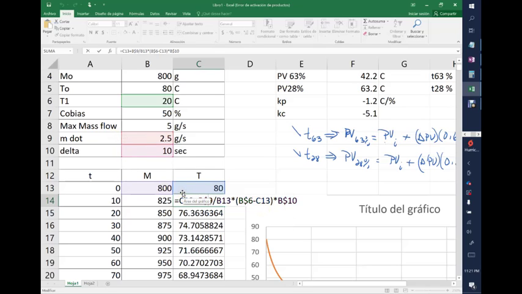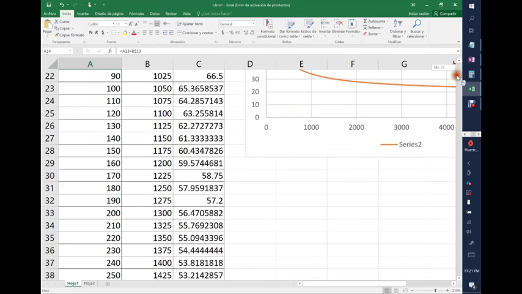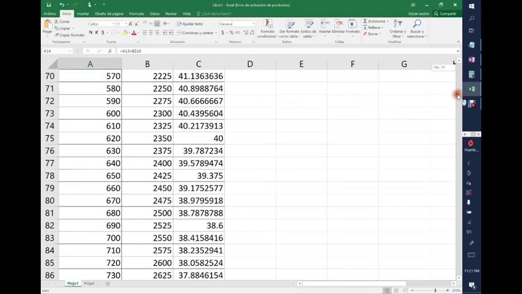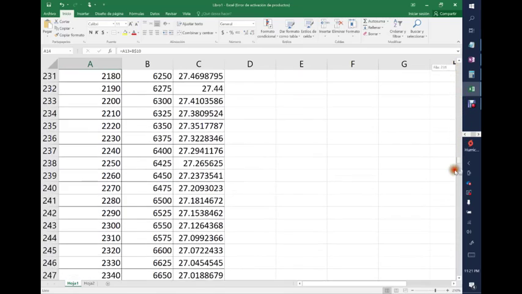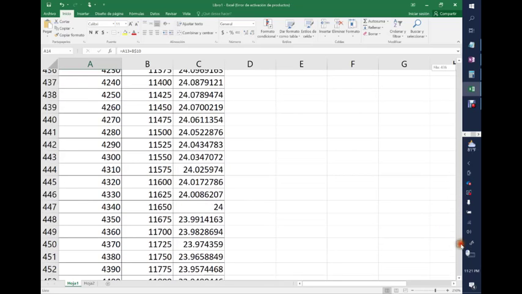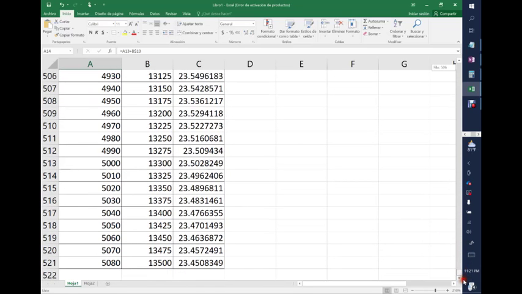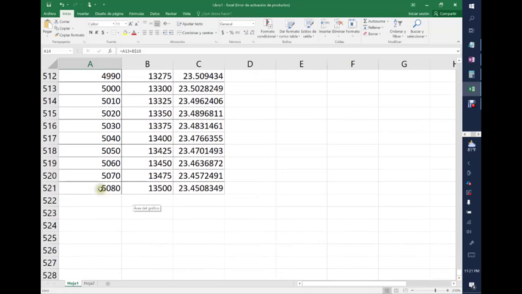That's perfect. Input. Now we drag those values down, and you see the temperature coming down, down, down, until finally you get to a value of... you can keep doing this, it will keep dropping, but it will not change the final result much, and you will see why in a second.